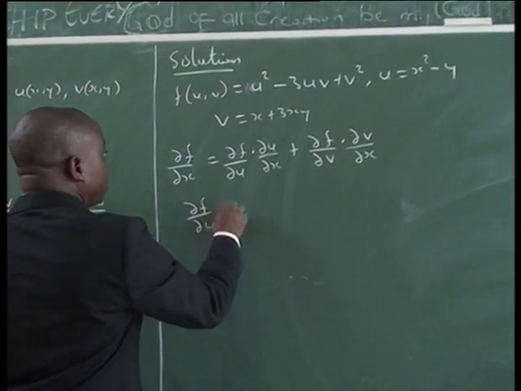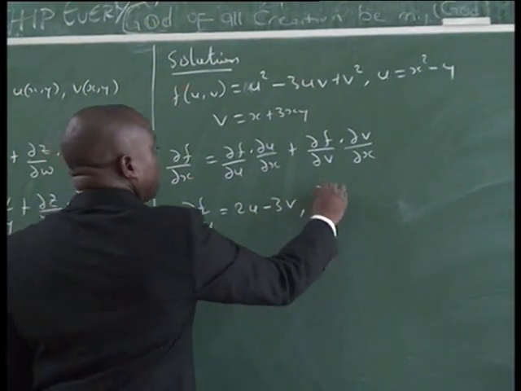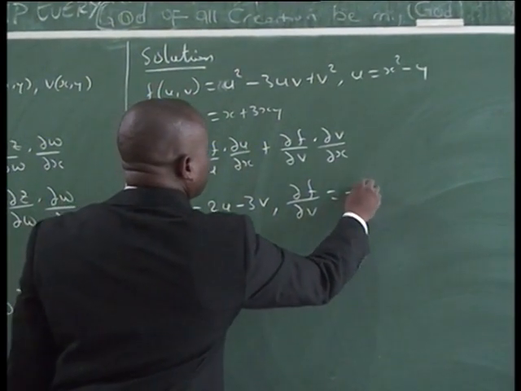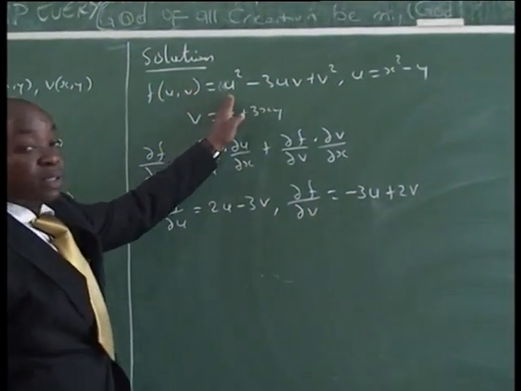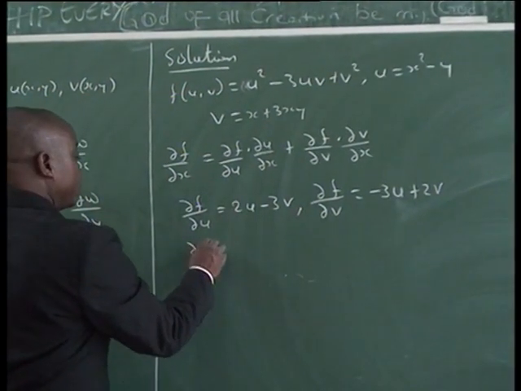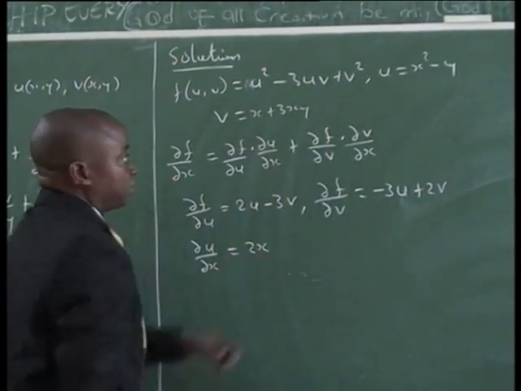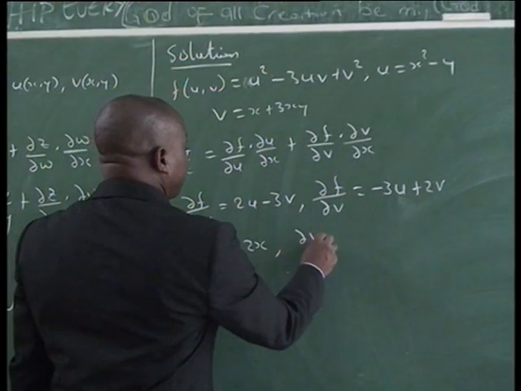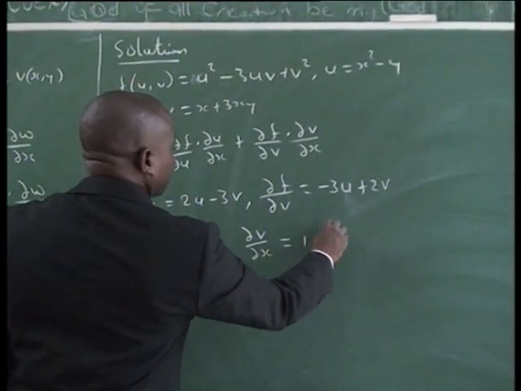Partial f partial u is equal to 2u minus 3v. Partial f partial v is equal to minus 3u plus 2v. That is differentiating f with respect to u and with respect to v. Right, so partial u partial x will be equal to 2x, to differentiate u with respect to x. Then partial v partial x is the same as 1 plus 3y.